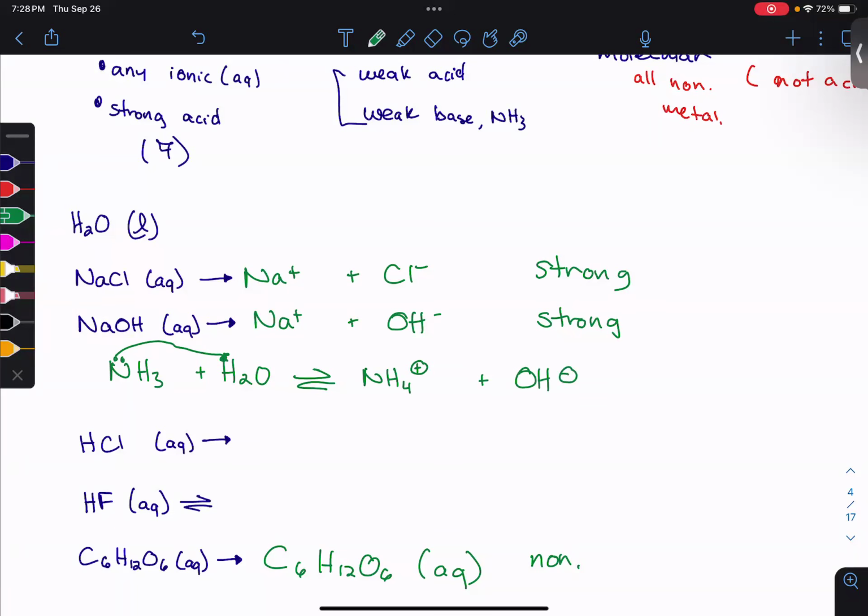This is why ammonia is a weak base: only some of these ammonias will make hydroxide and ammonium, while some of them will stay together. So both sides of this equation exist at the same time. You make some ions, but not a lot.